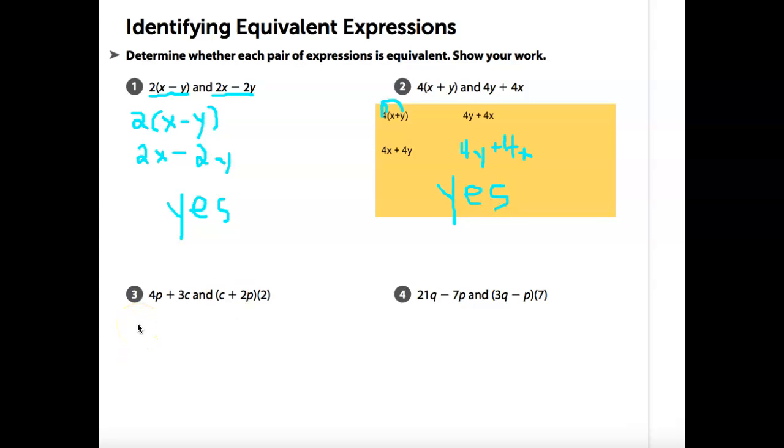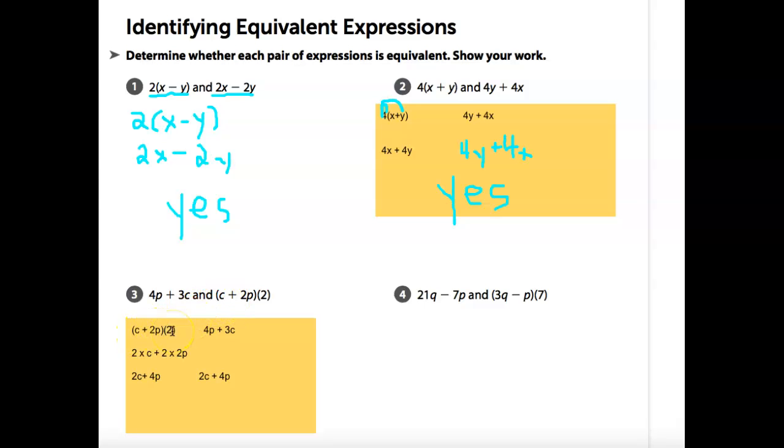So let's look at number 3. I'm going to change it back to a text box. All right. So we're going to look at this. Okay, C is set up a little bit differently. This is what we're trying to find out, if this is equal to this. So let's put this down first over here. 2 times c plus 2p.